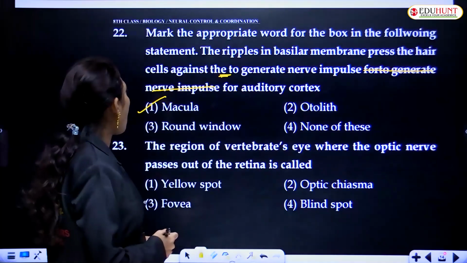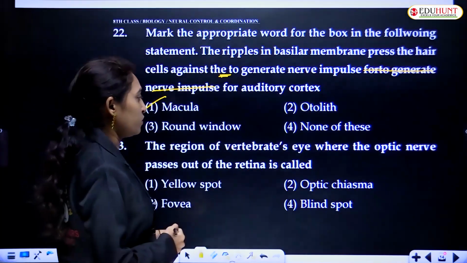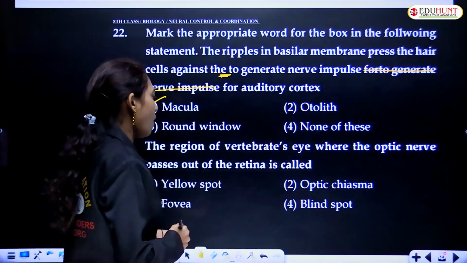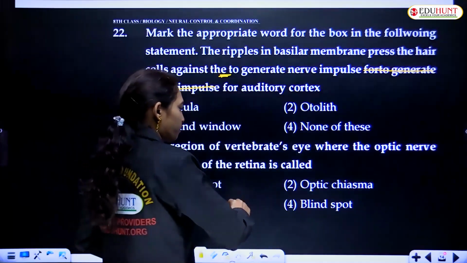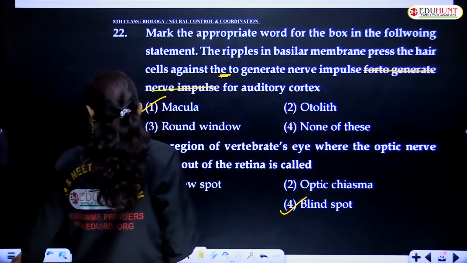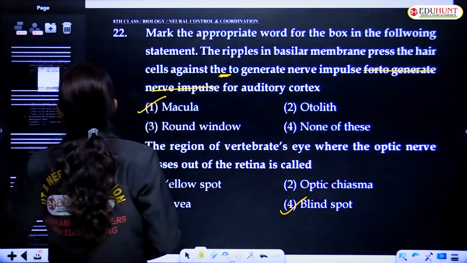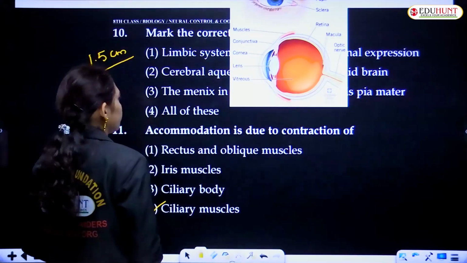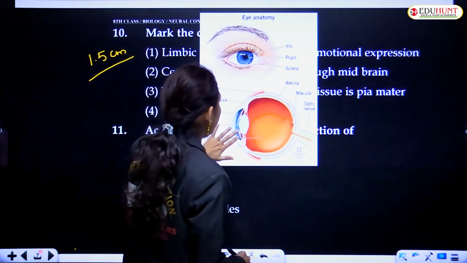The region of the vertebrate's eye where the optic nerve passes out of the retina is called the blind spot. This is the picture of the eye.